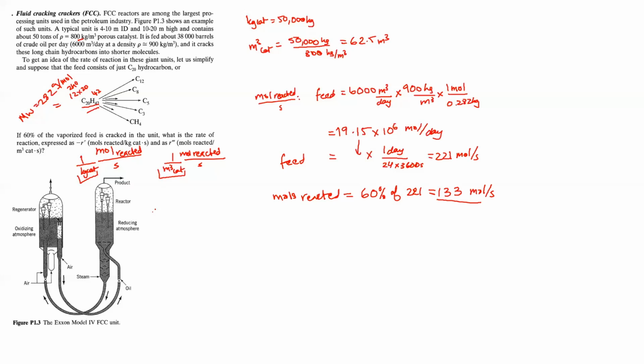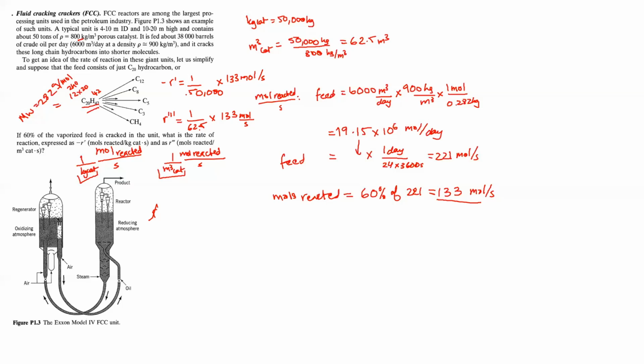Okay. So once I have this number, I can plug it in here to get my R' and R'''. So my minus R' in this case will be, per kilograms catalyst, 1 over 50,000 multiplied by 133 moles per second, and my R''' will be 1 over 62.5 multiplied by 133 moles per second, right?